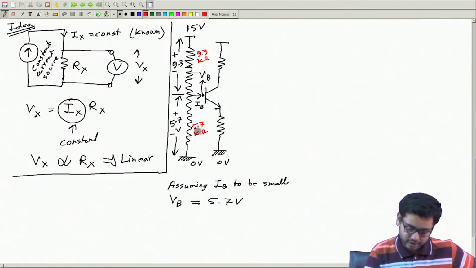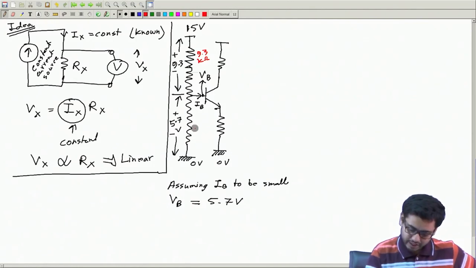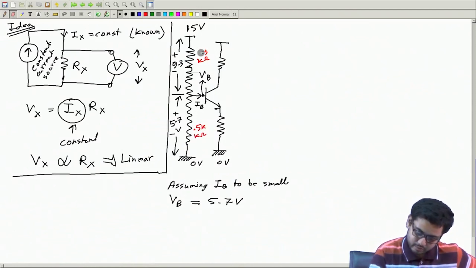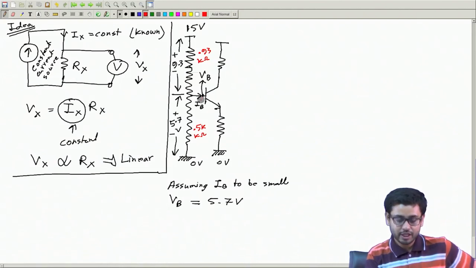If not, let me take these resistances a bit smaller. I take 0.57 kilo ohm, here I take 0.93 kilo ohm, then this will be 10 milliampere, and maybe this current is much smaller than 10 milliampere. If not, I can take this resistance as small.